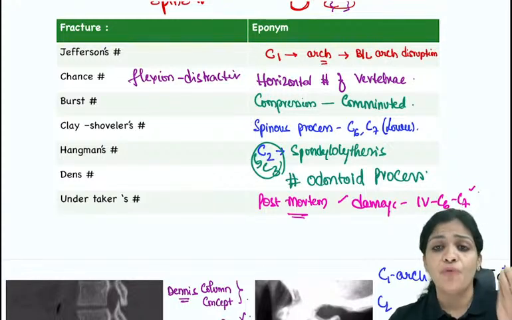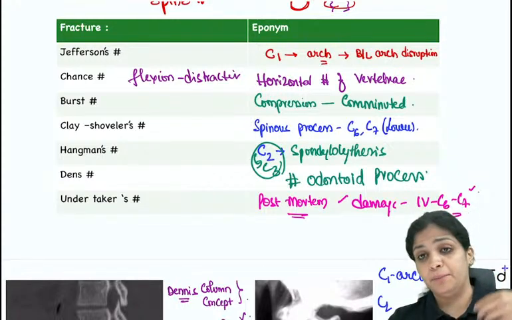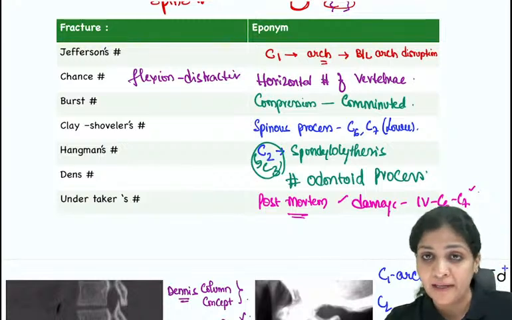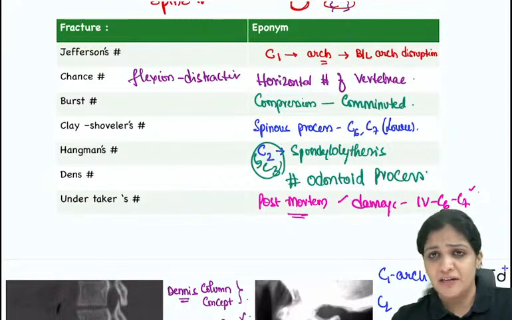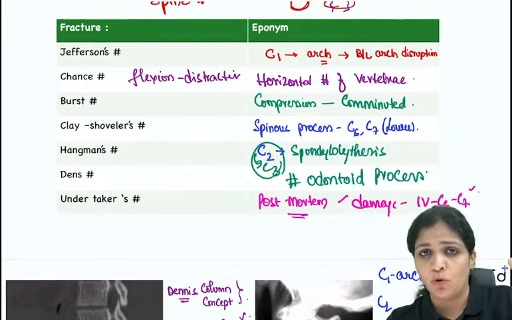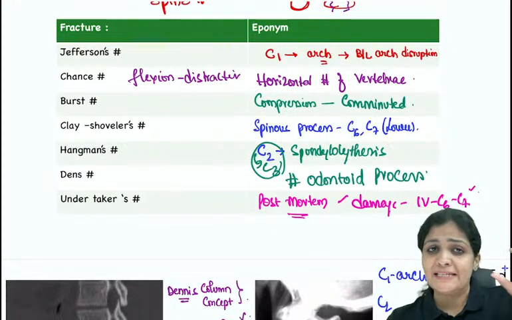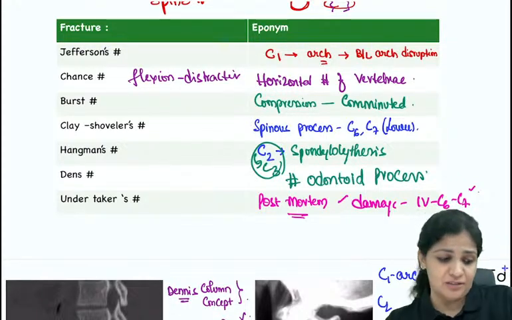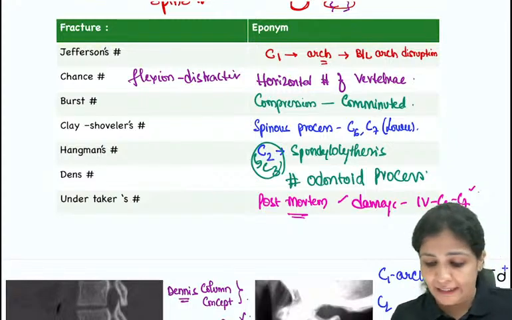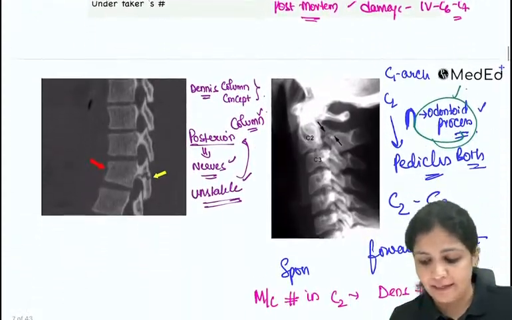This is just an artifact. You have to interrogate the people who transferred this body, and they will let you know that they suddenly dropped it or hit it against a wall, or something happened while transferring the body. So this is known as the undertaker's fracture, right? Mishandling of the body is your undertaker's fracture.